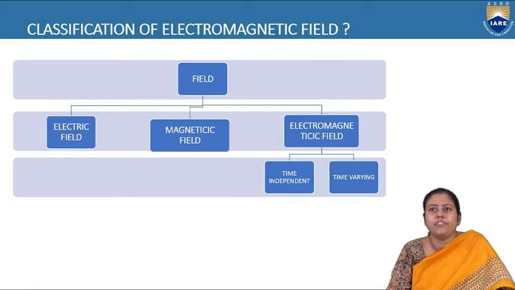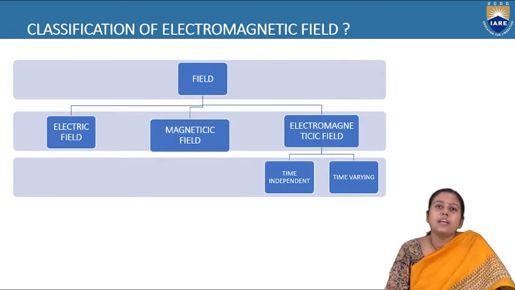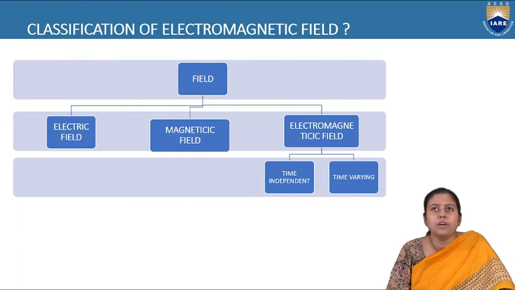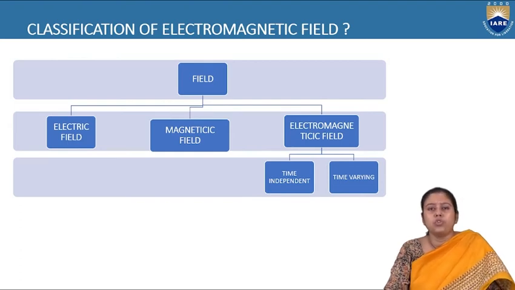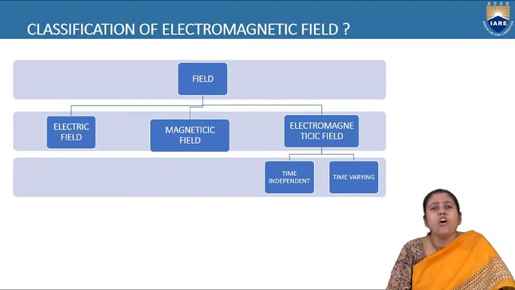This is the magnetic field. And another one is the electromagnetic field. What is the meaning of electromagnetic field? If we give electricity to any soft iron, it will change into a magnet. This is the basic working principle of any type of motor, generator, transformer or any electrical appliances.